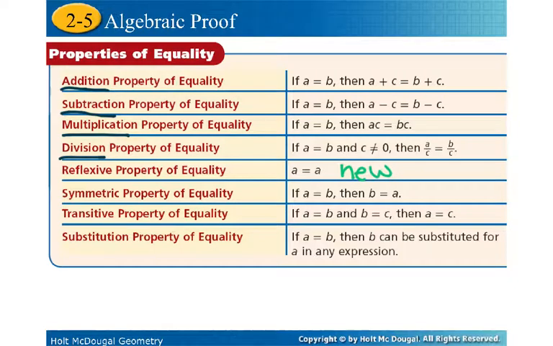It doesn't feel like it's going to be necessary for a reflexive property of equality, because you're wondering why anyone would ever need to say that A is equal to A, because, like, duh, right? But it turns out that in certain statements we will have to list off what we know.